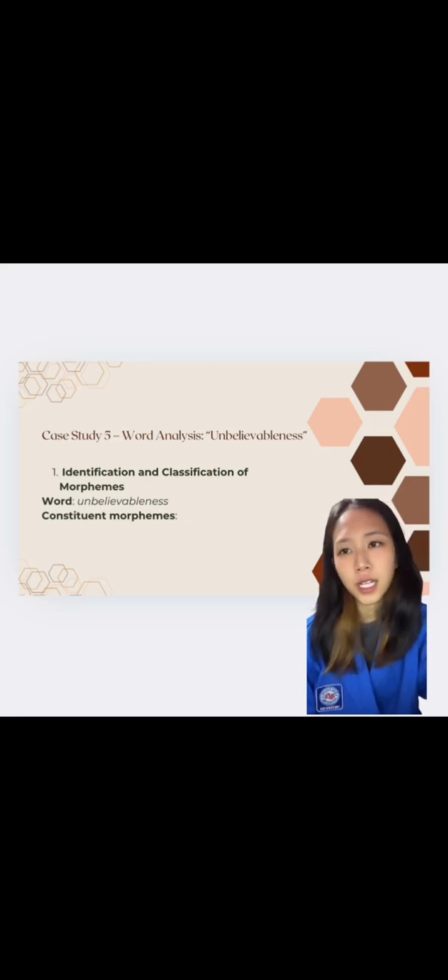Hi guys, good morning. My name is Najwa Kamila Majati Sharudin. Today I'm going to give a presentation. In this case study, we will analyze the morphological structure of the word unbelievableness, identify its morphemes, explain their types, and explore how derivational and inflectional processes interact. I will continue the presentation.